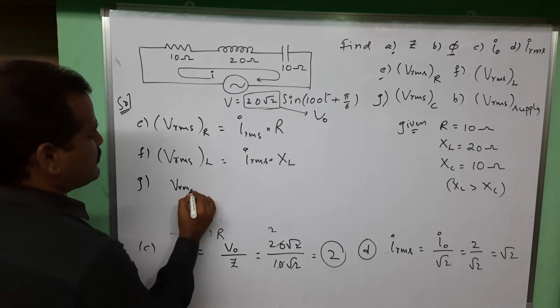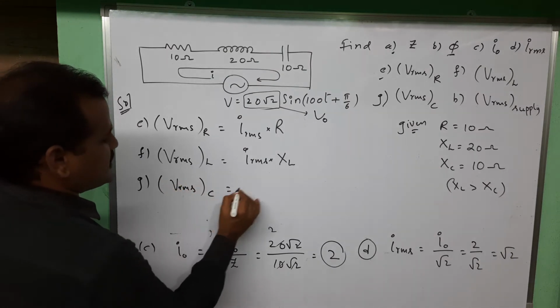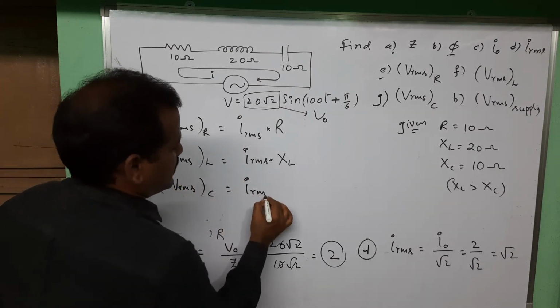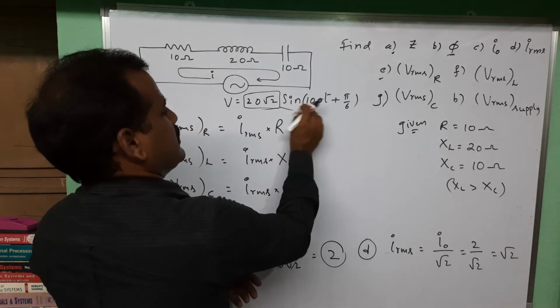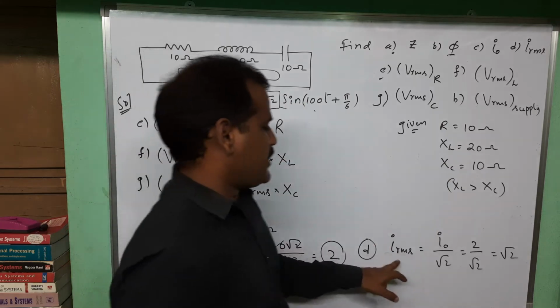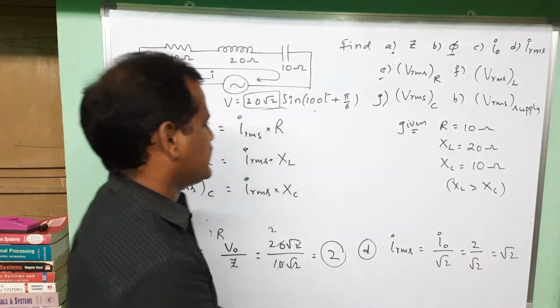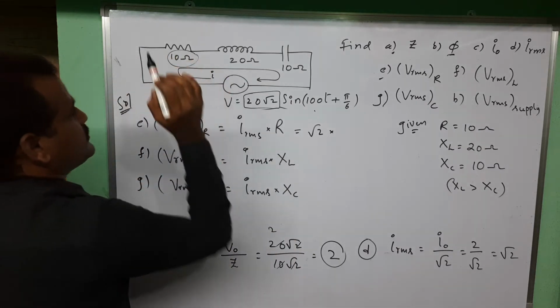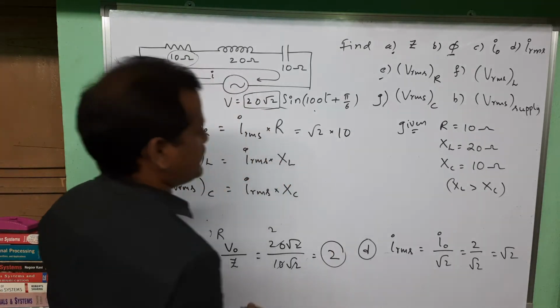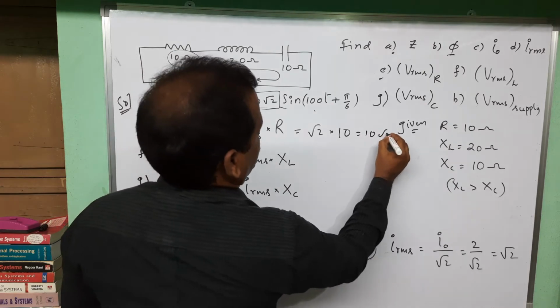Similarly, the RMS value of the voltage across the capacitance is the RMS value of the current multiplied by XC. Fine. We already got the IRMS value as root 2. Let us consider that root 2 multiplied by the R value of 10 ohms, so we get 10 root 2.